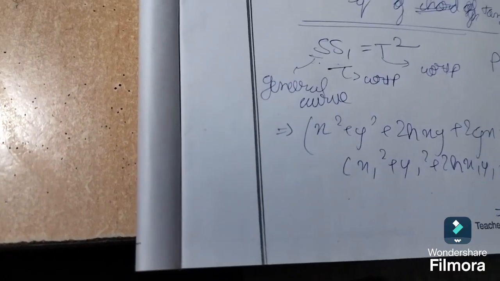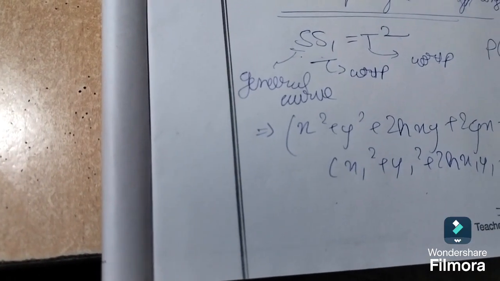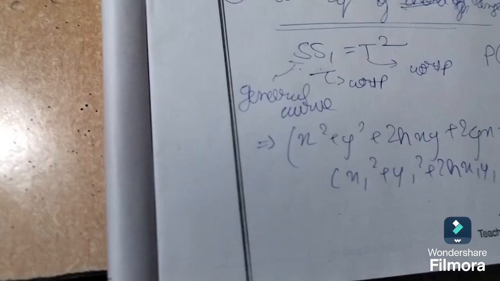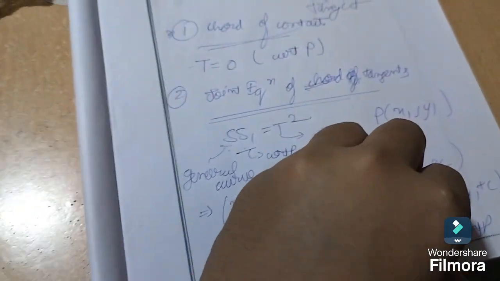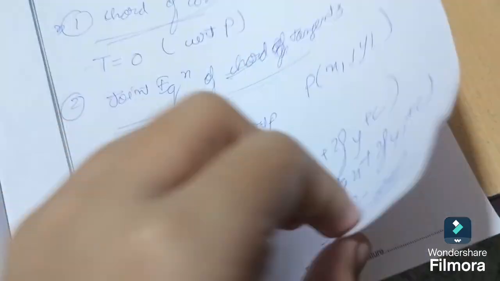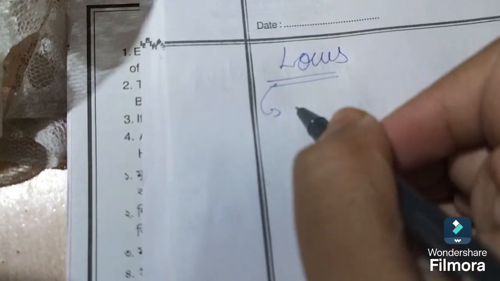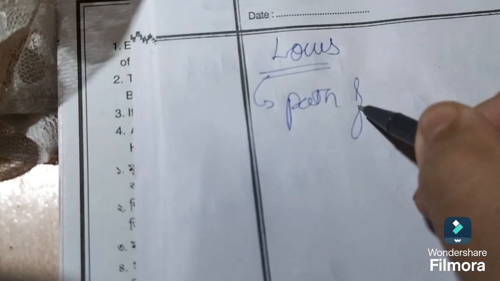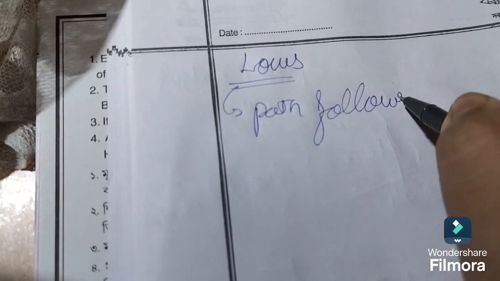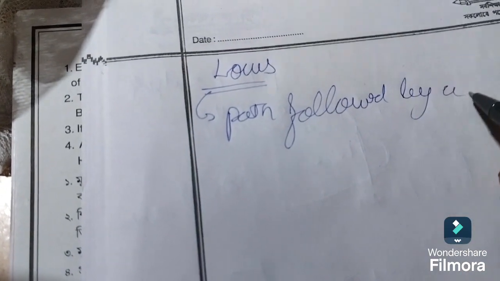Now let's get the next ones. Next we have pole and polar. This general results part ends here. Now we have pole and polar, and that is quite an interesting part. First, for that you have to understand what is locus. Locus is basically the path followed by a point.